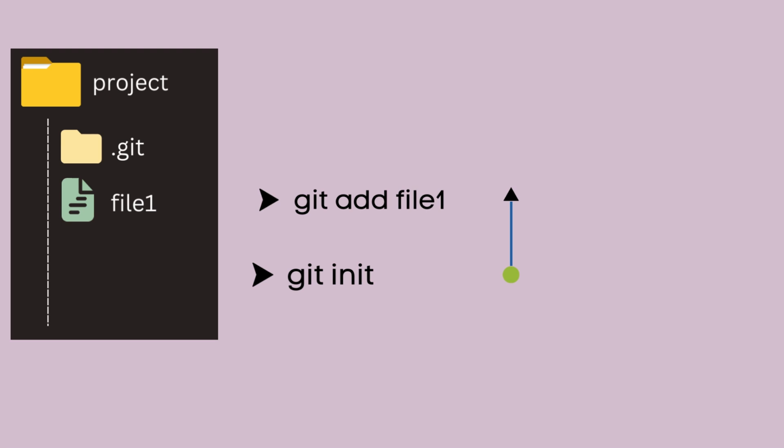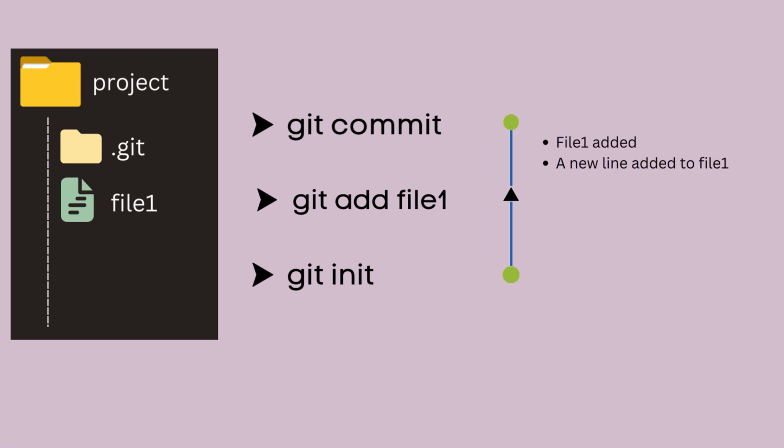The tracking is not complete until we commit our changes. So we run the command git commit to commit all the changes that we made to file1. When we run this command, Git creates a snapshot of the project. It's like a backup. So it stores all the changes that we made and creates a snapshot, or a dot, in a timeline, if you like.